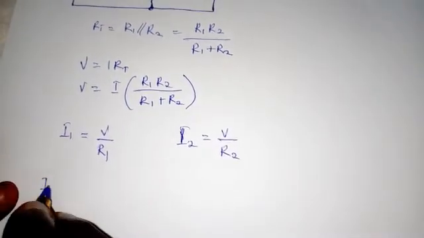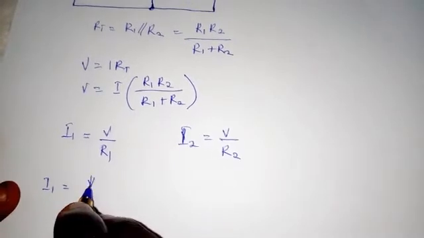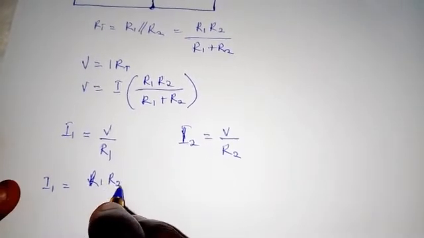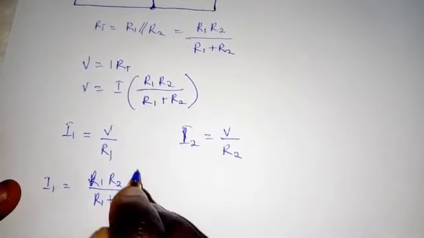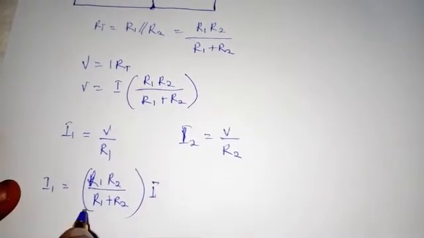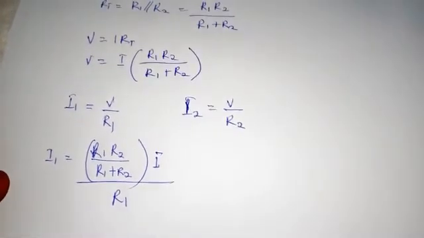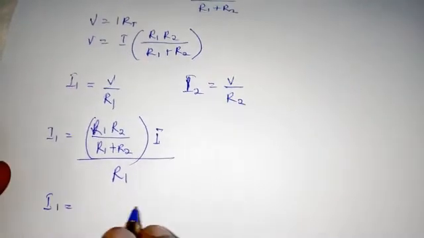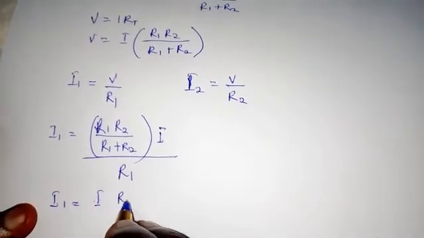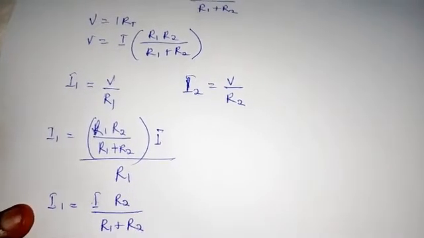So I1 becomes R1 R2 out of R1 plus R2 multiplying I, all divided by R1. When you solve this, you get I1 equal to I R2 all out of R1 plus R2.